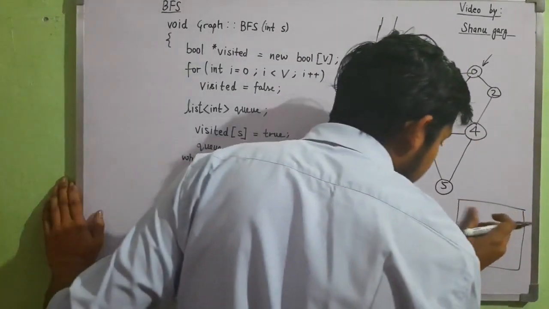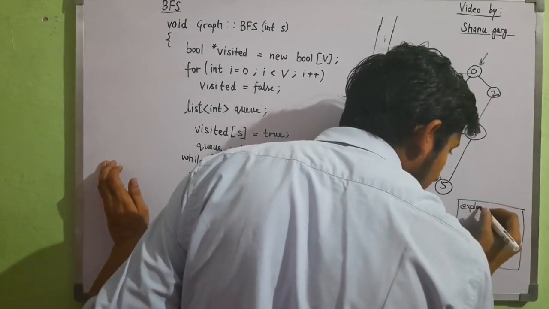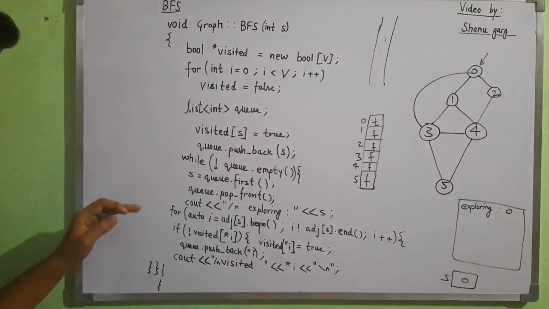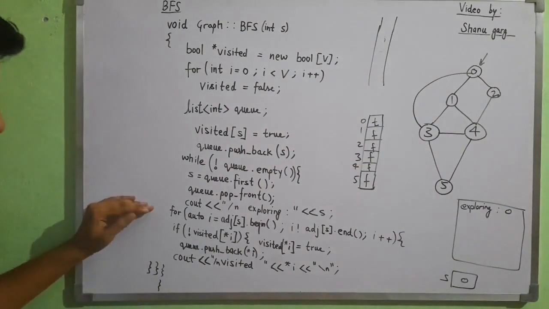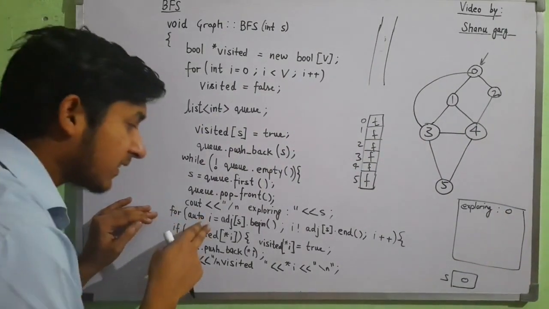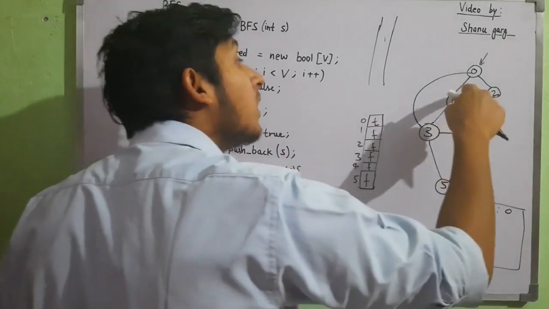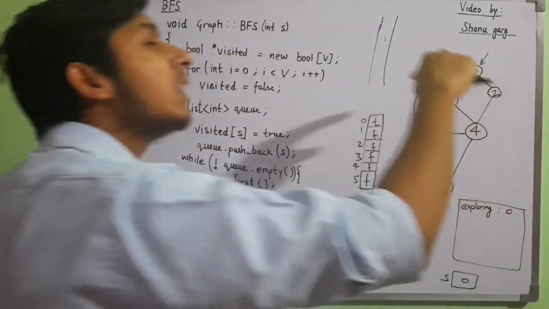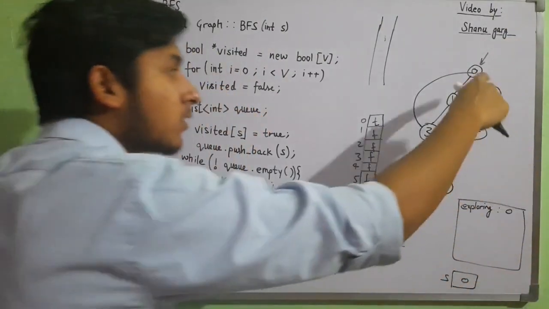After that, for an iterator from the beginning of the list connected to this node all the way to the end of the list connected to this node.